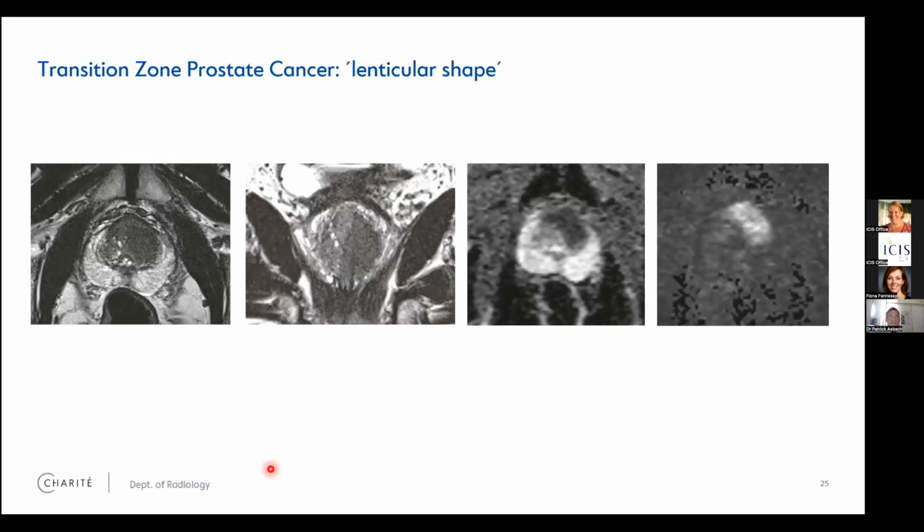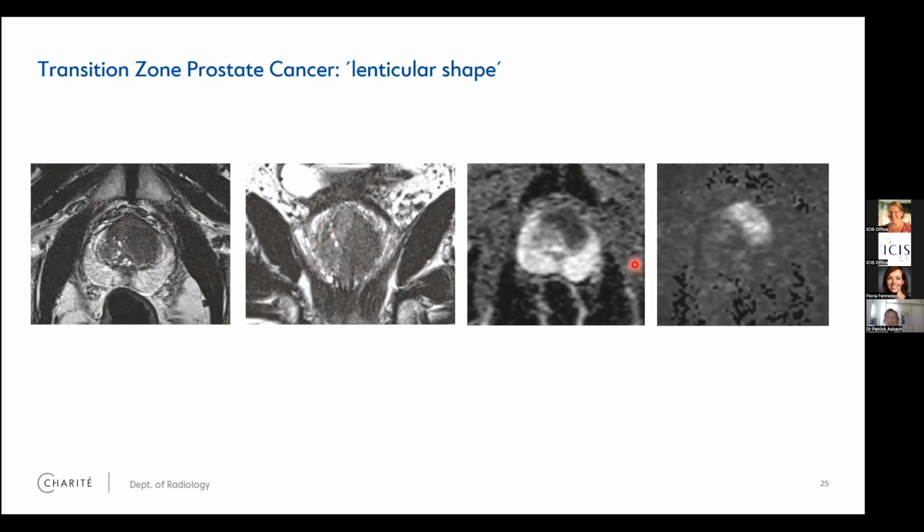This is a companion case of a transition zone prostate cancer. On the left, you again see an axial T2 weighted scan, and this coronal one, and you can delineate again this area of erased charcoal, low T2 signal intensity change, which is probably even better delineated on this coronal scan when you compare it to normal transition zone here on the right base.